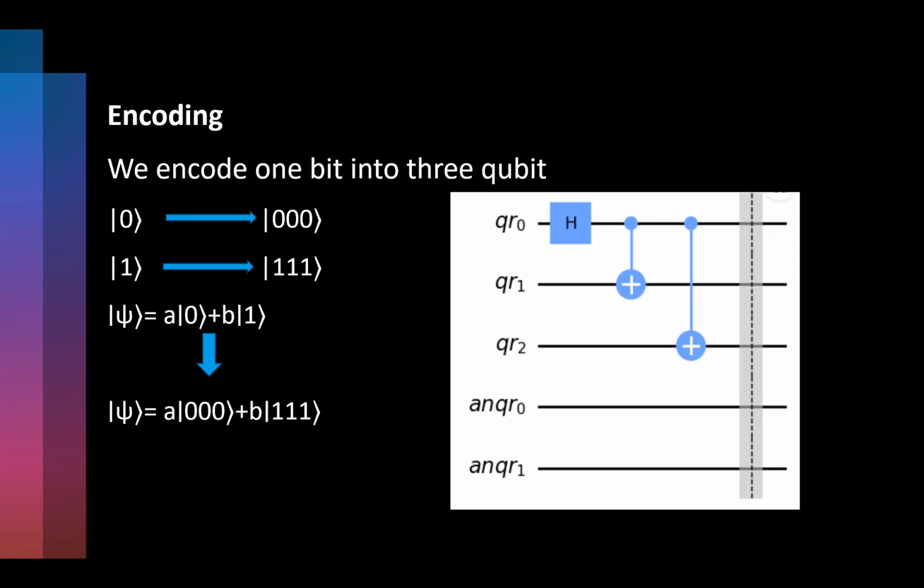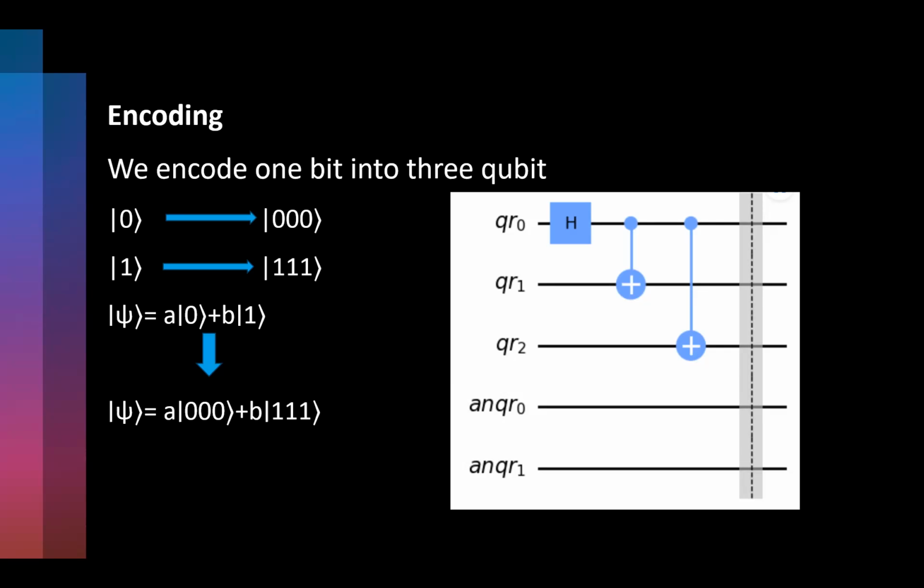Let's suppose we have information psi that is represented as A 0 state plus B 1 state, which after encoding will be psi equals A 000 plus B 111. So let's discuss how we do this in the circuit.